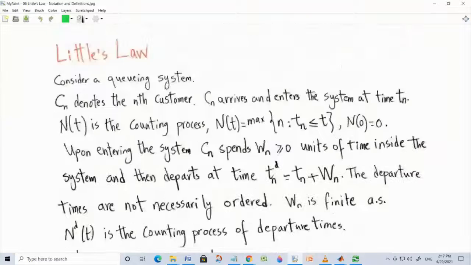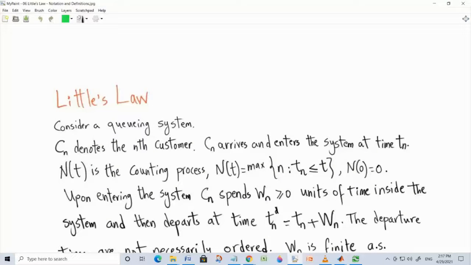And I want to give a derivation that's sort of general. The claim is that this tiny result, that L is equal to lambda W, is available even in sophisticated queuing systems. So the derivation here will be different.